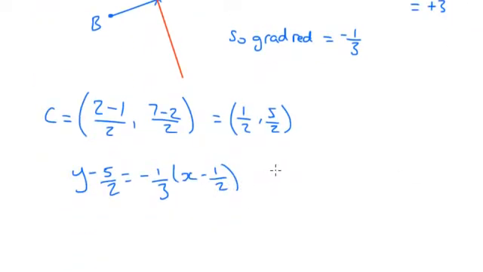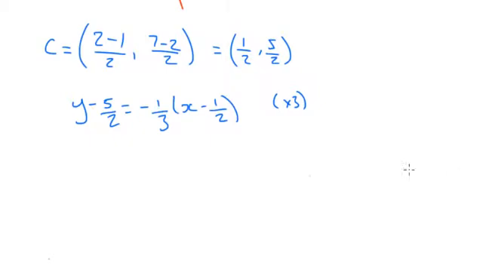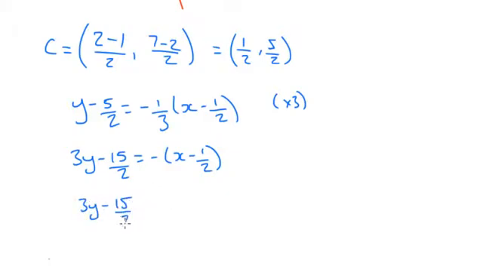So if we times by 3, that's going to give me 3y minus 15 over 2 equals minus x minus a half, which is the same as minus x plus a half.